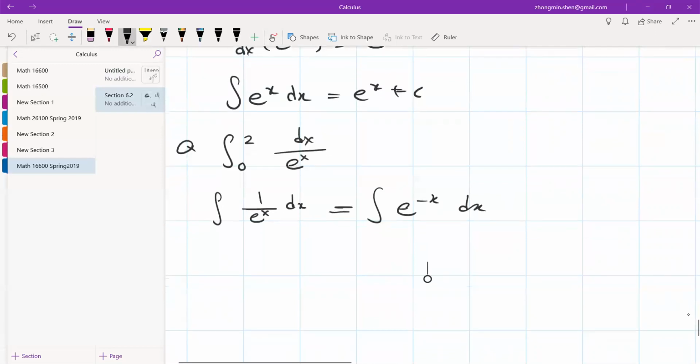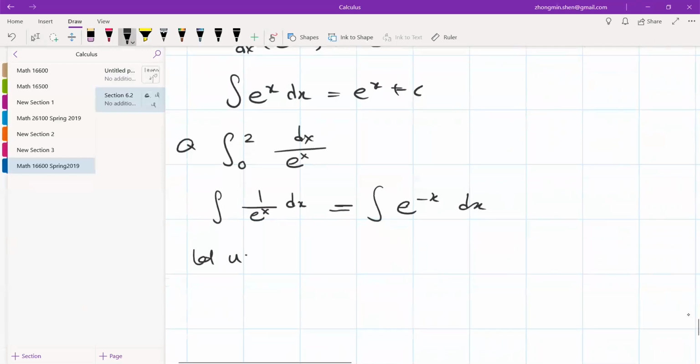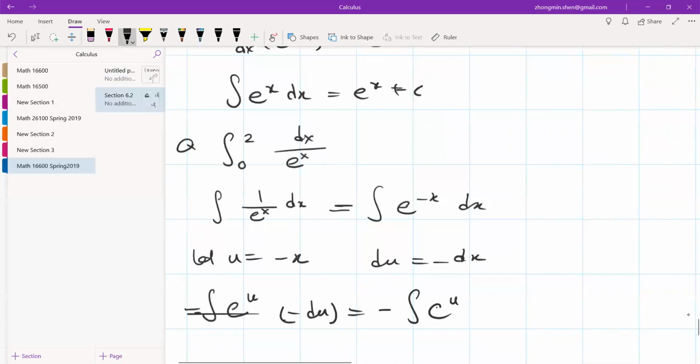So you have to use a substitution. Let u equal negative x. Then du equals negative dx. So the above integral is going to be e to the u, and the negative dx, dx is going to be negative du. So you end up with an integral like the above one.